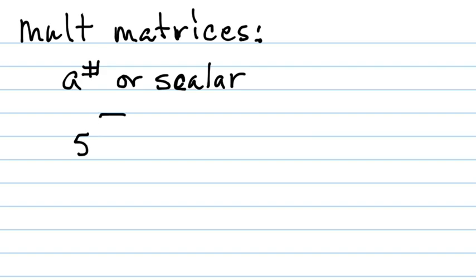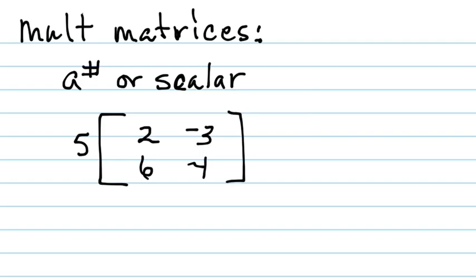So say for example we have this matrix. Notice it has that little 5 up front. Well, anytime you have a 5 right in front of a parentheses, that always means to multiply.